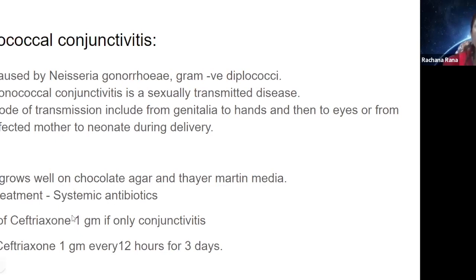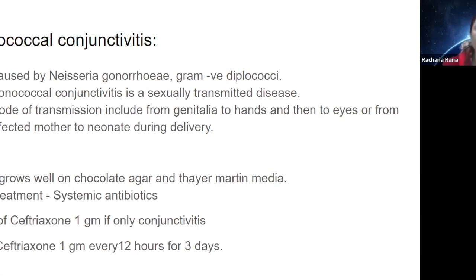So in gonococcal conjunctivitis, I request my residents to take a proper history, give some time to those patients, a proper history, including sexual history and other history also, which is very significant. And if we think of gonococcal conjunctivitis, I think we have to rule out other sexually transmitted diseases.